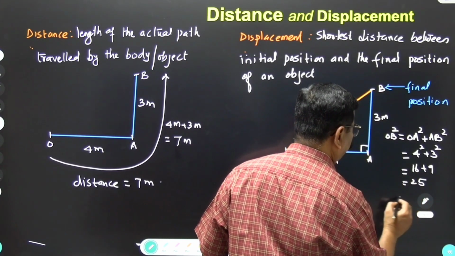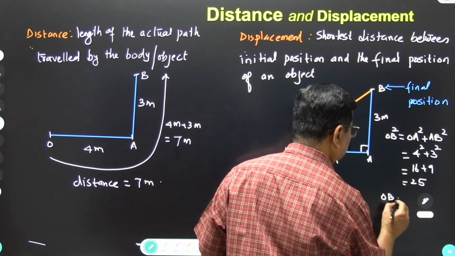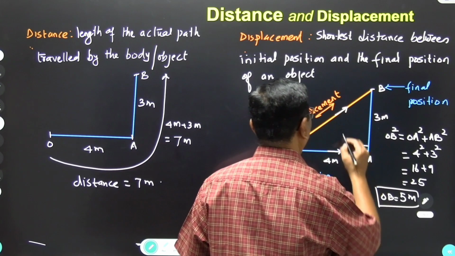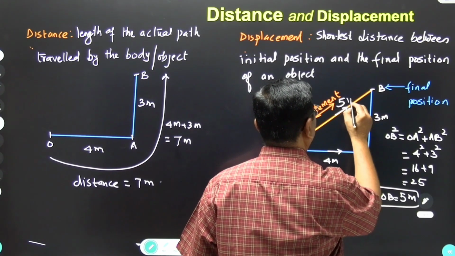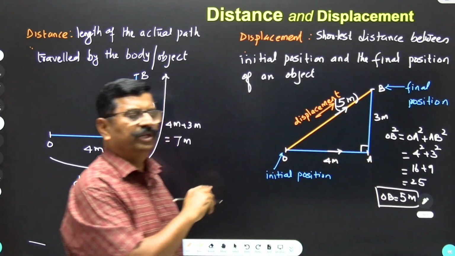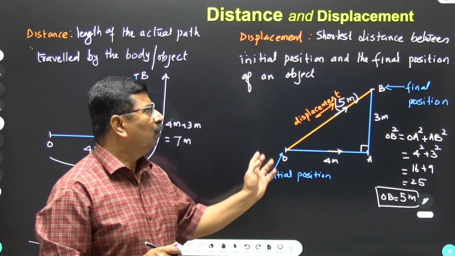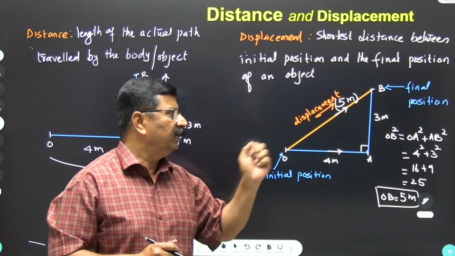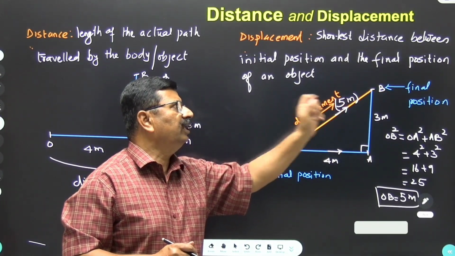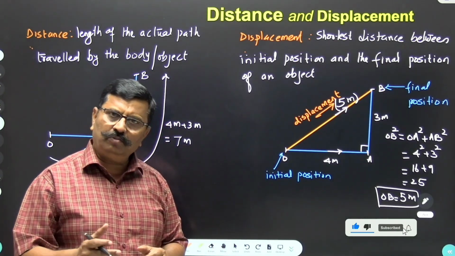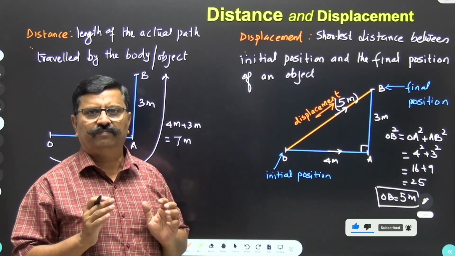It comes to be 25, and the OB distance is 5 meter. Hence, the displacement of this body, when it moves from O to B via point A, is OB, and the length of that OB segment is 5 meter. So magnitude of the displacement is 5 meter.